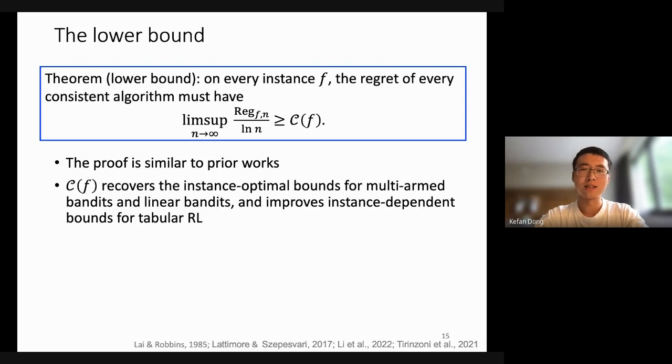This is because all the instance optimal algorithms are consistent. So by definition, their regret bound is as good as each other. So this complex measure should be the same. Okay. That's everything for the lower bound.